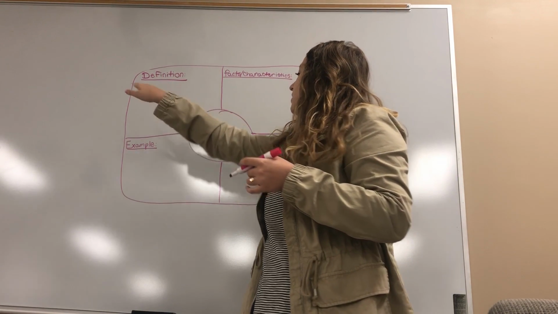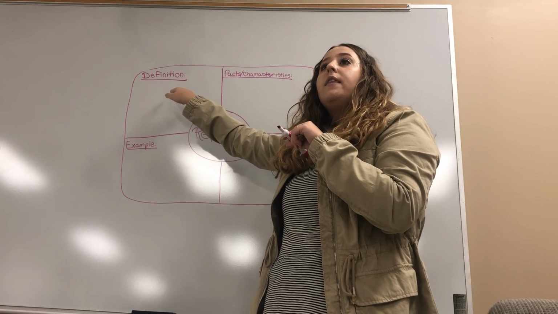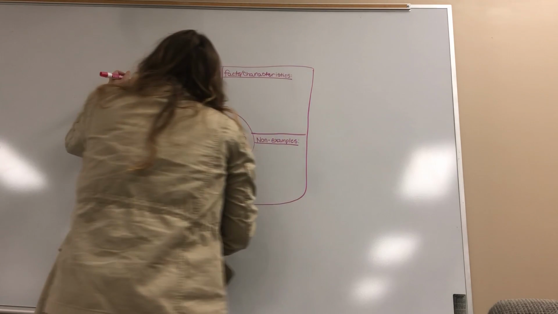And up here we have definition. So let's write the definition. Reptiles, I think, are a type of animal that's cold-blooded and lays eggs. Let me write that.